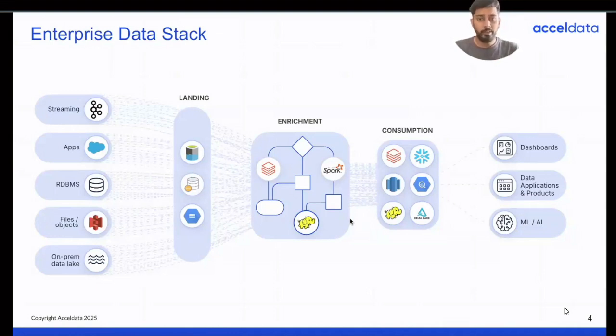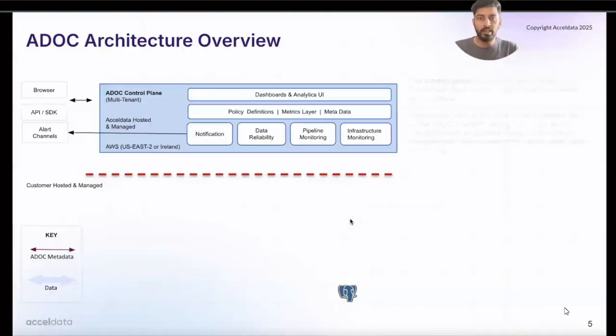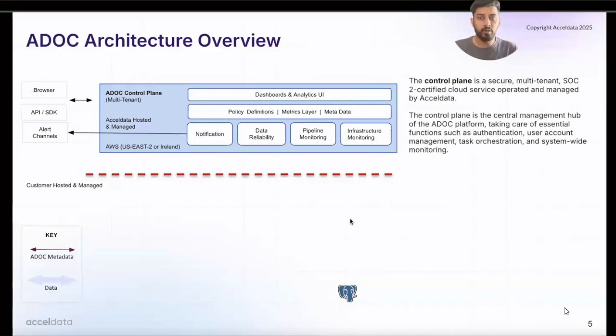So very quickly, I want to talk about the architecture of the product here. Acceldata basically has two parts to the product. Number one is the control plane, where we host the UI of the product, where the user defines the policy conditions, policy rules, and quality checks, right?